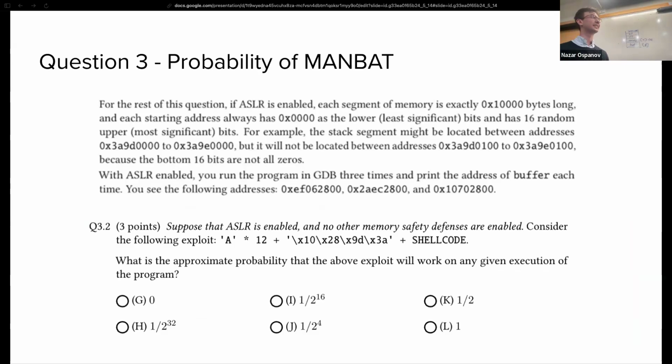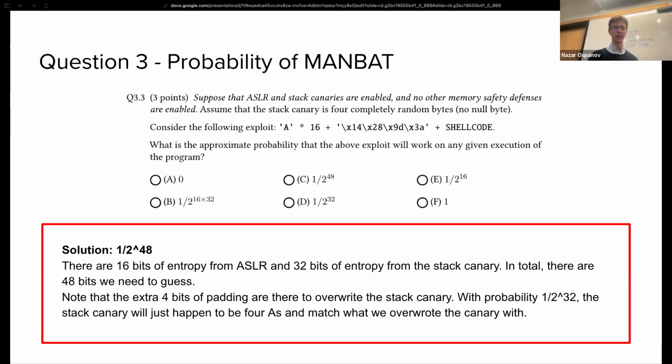That means the buffer has to start from 2800. That's why we only care about the most significant bytes being overridden, very conveniently probable equally to 3A9D. And this comes into play here because of 16 bits of entropy from ASLR from the previous part and 32 bits of canary.